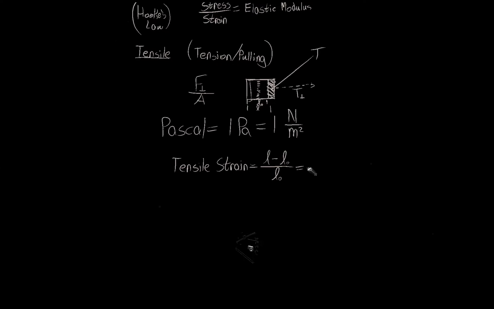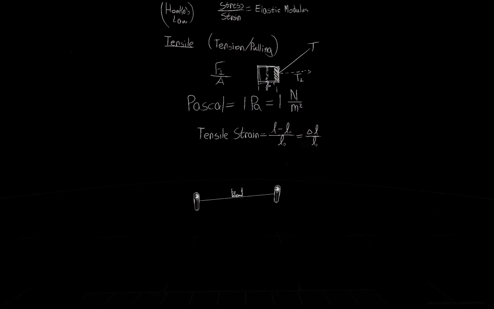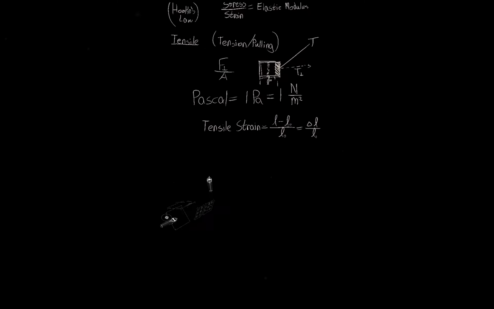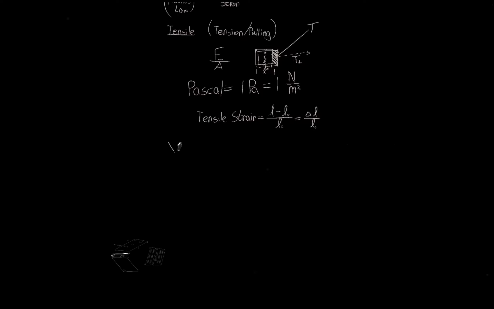So we can write that as delta L over L naught. Okay, and then the elastic modulus, right? So there's stress divided by strain is equal to elastic modulus, right? So that's just the proportionality factor at which these two are related. So the elastic modulus for tensile stress has a special name. Don't know the history of why, but it's called Young's modulus.